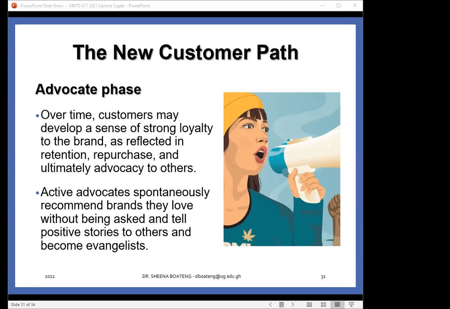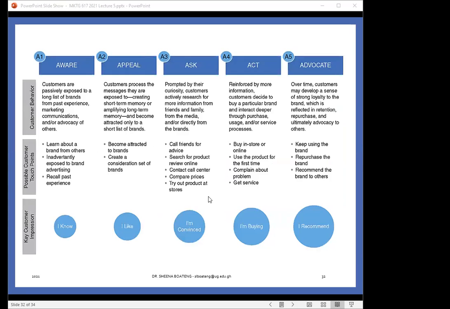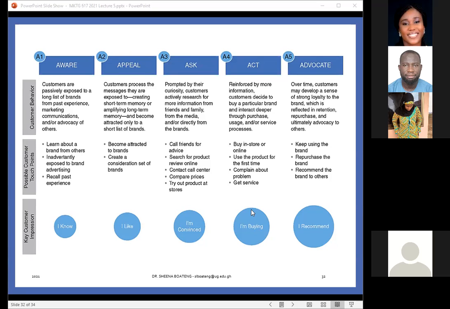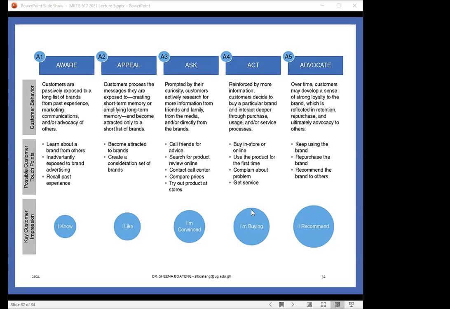So that being said, what are the changes that have taken place with regard to the traditional 4As and the new customer path as a result of the changes that have been introduced based on connectivity? We are saying that now it's all about the 5 A's.